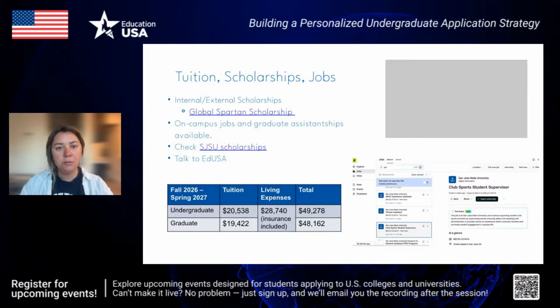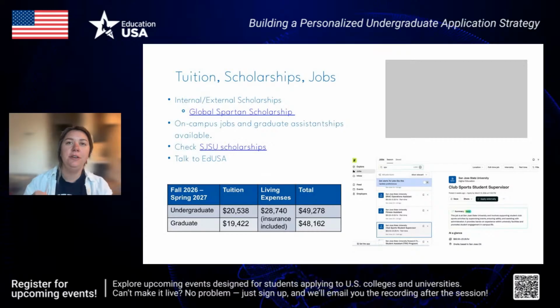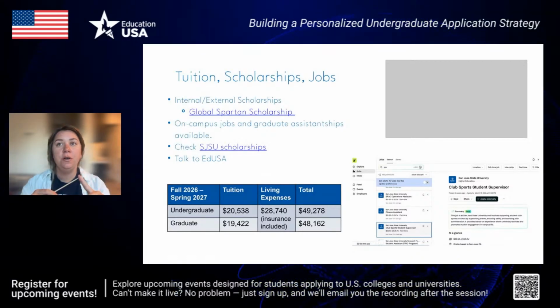When you're thinking about paying for the tuition, you have to think in many different ways. First of all, think about what funds are available personally, and what funds are available through scholarships.